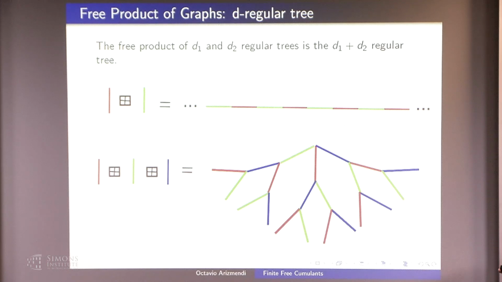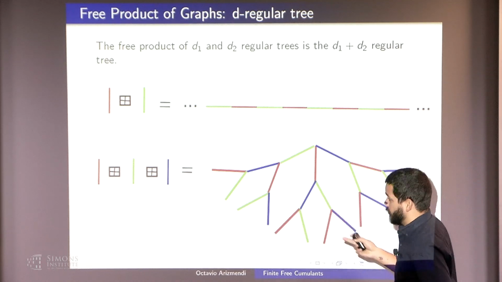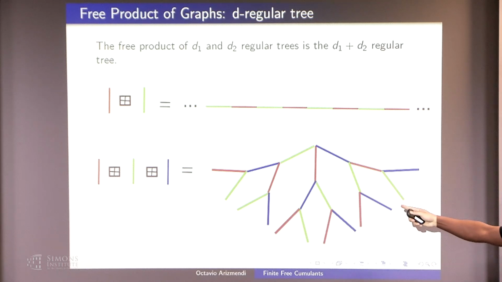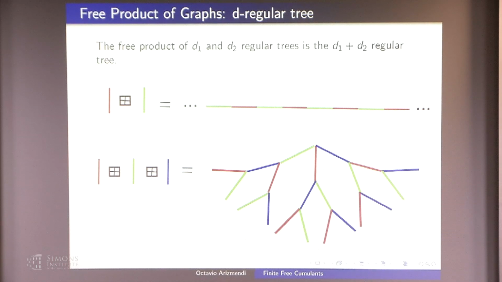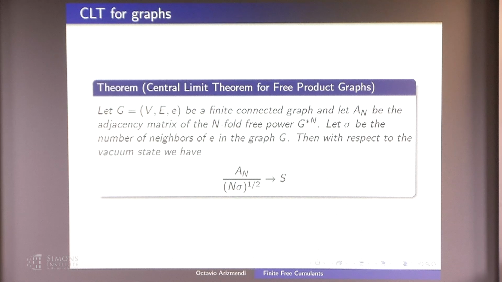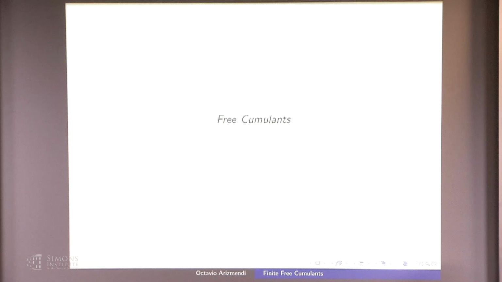And also maybe the example that is important is, of course, the regular graph, which comes from taking the free product of n copies of K2 with itself. Okay, and a direct consequence, or corollary, is of course the central limit theorem for the free product of graphs, which says that this converges to the semicircle, properly normalized. This is just rephrasing the free central limit theorem.